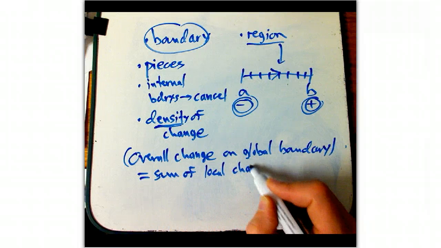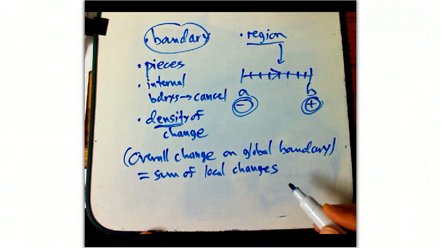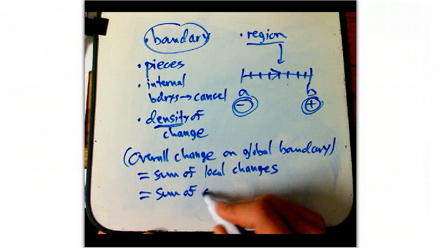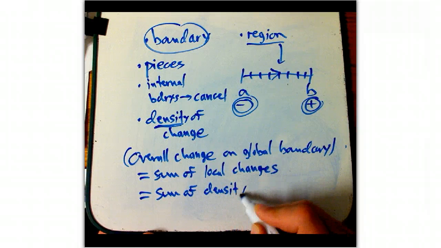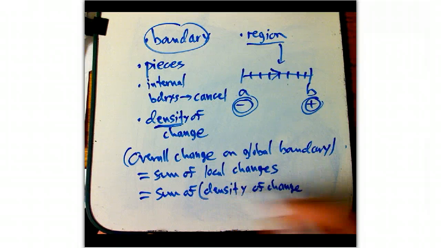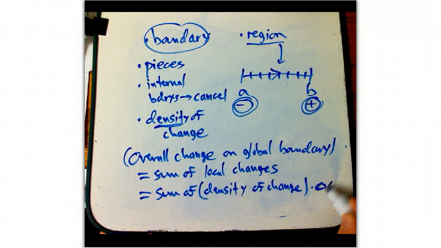That was that collapsing, telescoping sum. But then we re-express it as the sum of the density of change times the delta x.